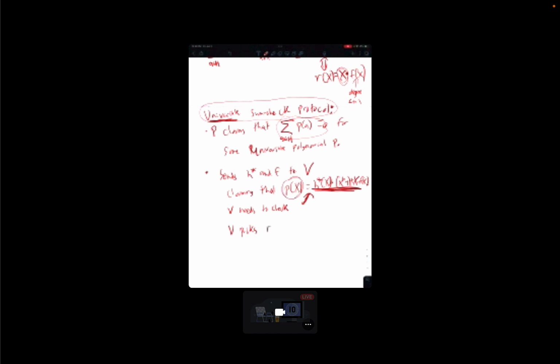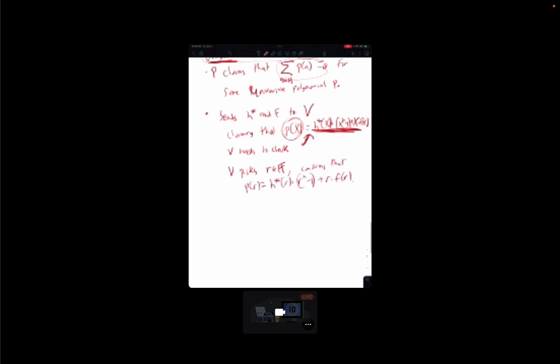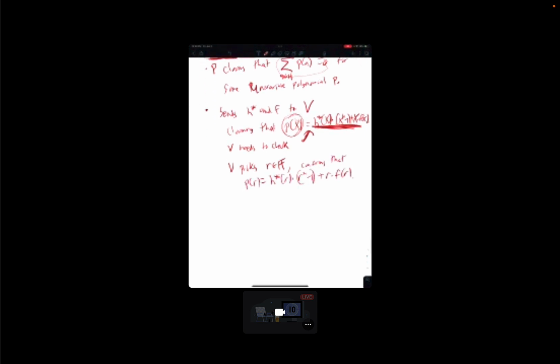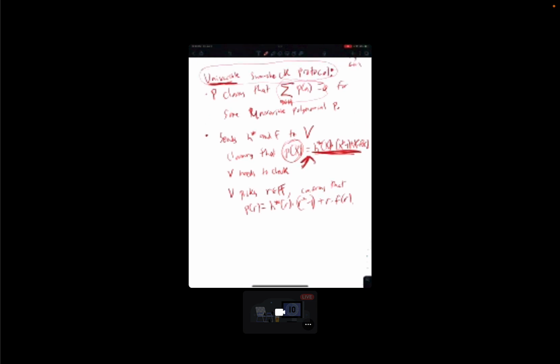So the verifier picks an R from the field at random, confirms that P of R equals H star of R times R to the n minus 1 plus R times F of R. Okay, and if this holds, then the verifier believes that the prover's claim is true, and hence that the evaluations of P over the nth roots of unity indeed sum to 0.